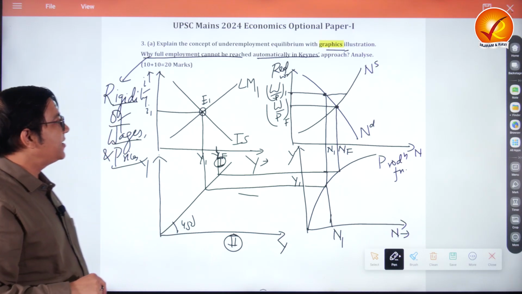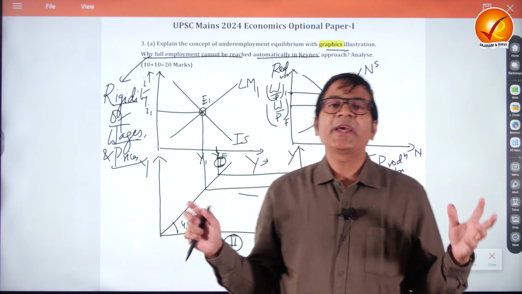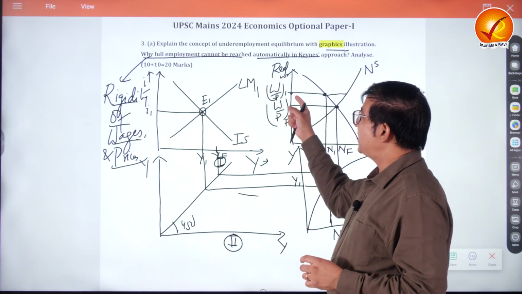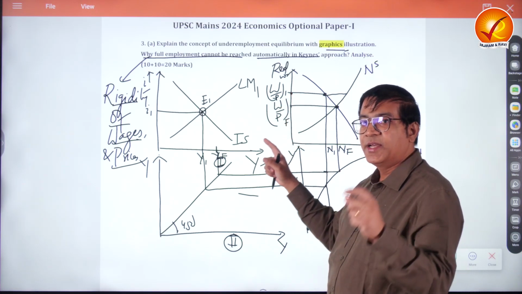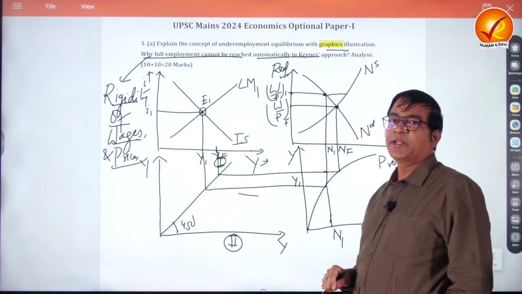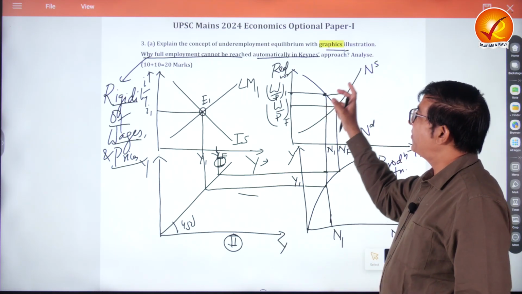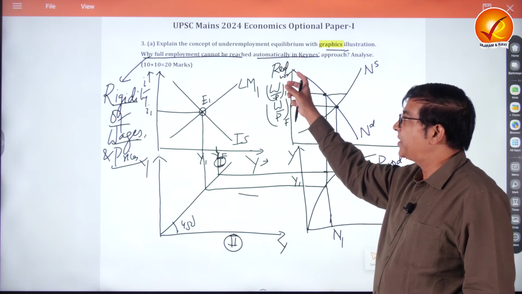In classical theory, there is an assumption of wages and prices being fully flexible, and that is the reason whenever the real wage is higher or lower than the full employment level, there will be automatic adjustment. Here it will not take place, and that is why the economy will remain in an underemployment equilibrium.